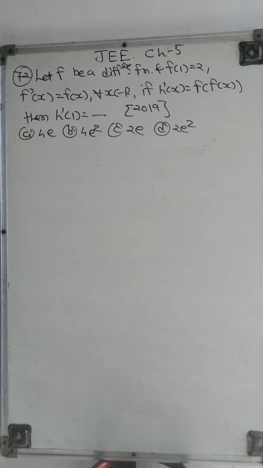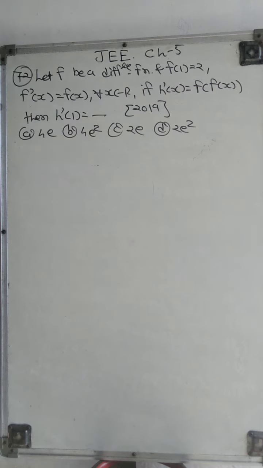Next, 72. Let f be a differentiable function and f(1) equal to 2, f dash x is equal to f(x) for every x belongs to R. If h(x) equal to f(f(x)), then h dash 1 is equal to what? Here we want to obtain the function ourselves. So we know that e raised to x derivative is equal to e raised to x.